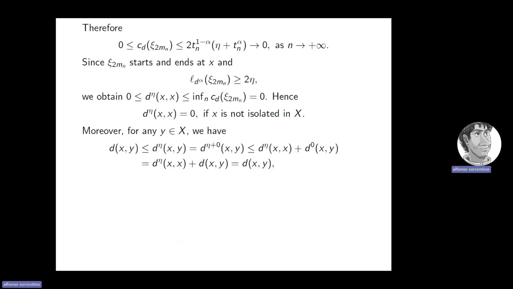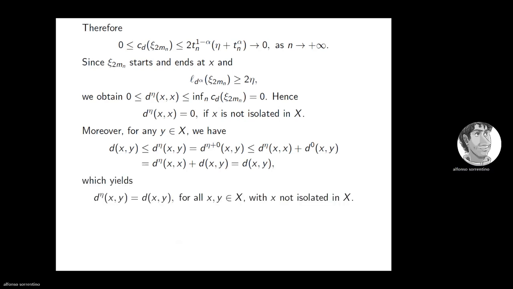D eta plus 0, so it's less than d eta xx plus d0 of xy. So this is d eta of xx, but this is 0, and d0 is dxy, so this one is just dxy. This is provided x or y are not isolated.